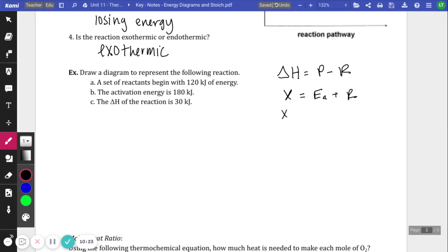And our activated complex can also be equal to our reverse activation energy plus our products. Those equations may help you in figuring this one out. I will go over it with you after you've done it. So go ahead and pause the video, try to work through this one, and then I'll go over it.